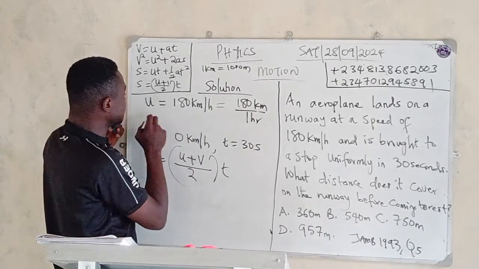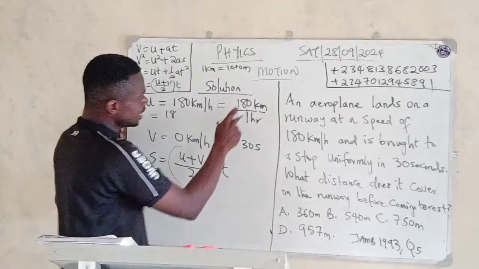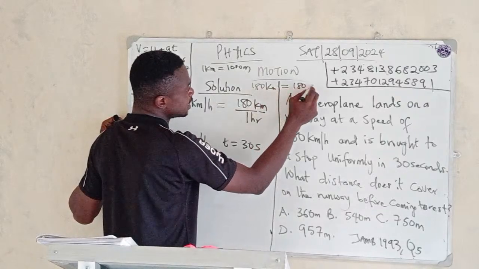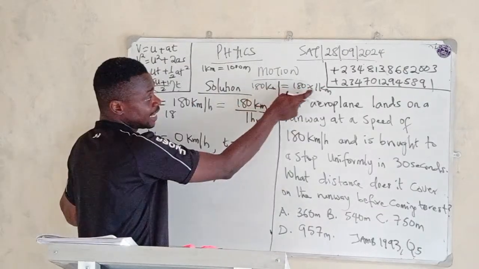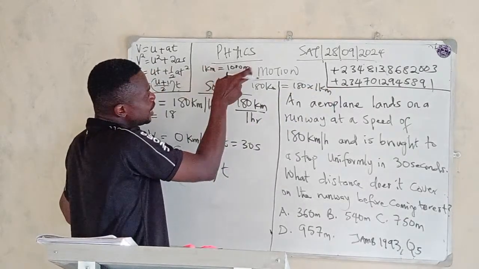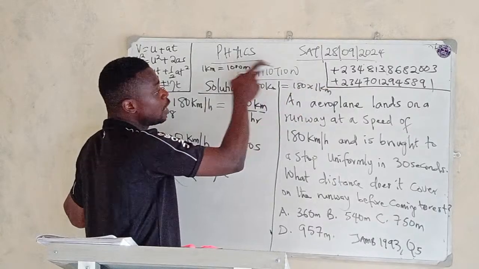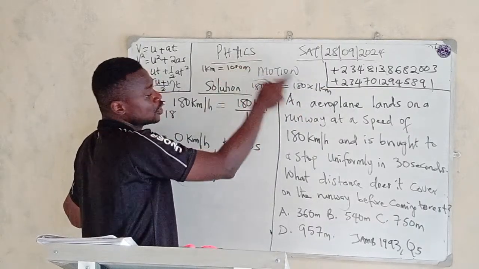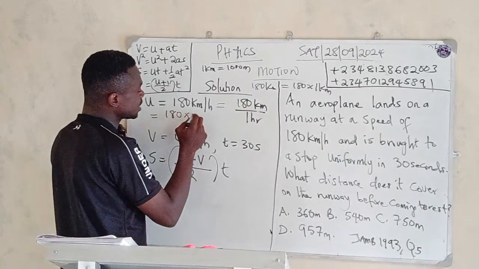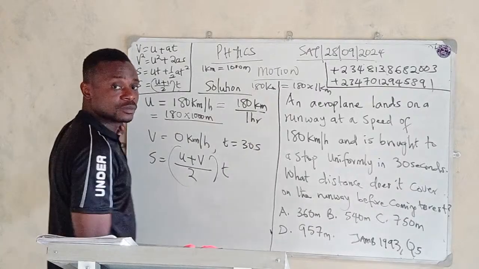Remember that 180 kilometer is the same as saying 180 times 1 kilometer. If 1 kilometer is 1,000 meters, that means any place you see 1 kilometer, you replace it with 1,000 meters. So this becomes 180 times 1,000 meters all over 1 hour.